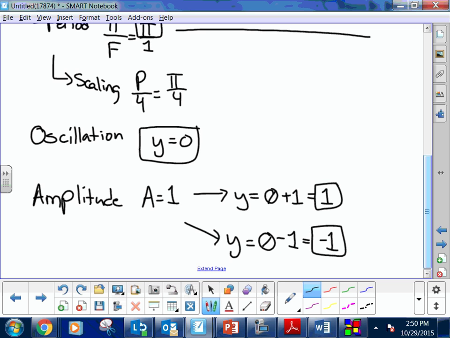So we will get the results of 1 and -1 for amplitude. Everything's great because I have all values necessary to generate everything that my graph requires, other than the graph itself, other than the points that actually lie.